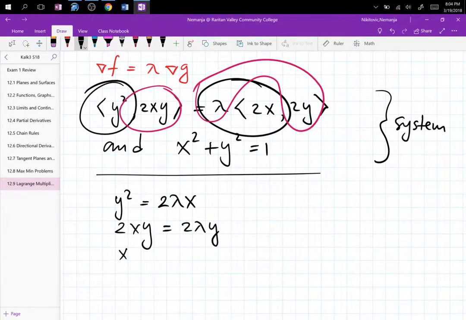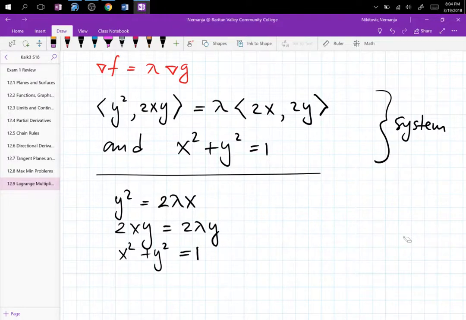And finally, x squared plus y squared equal to 1. 3 variables, 3 equations. Make sure you have that all the time. 3 equations, 3 variables, 4 variables, 4 equations, 5 variables, 5 equations, and so on.